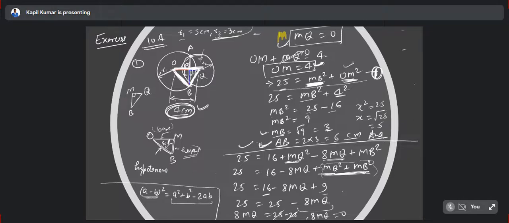Tomorrow will be polynomials, sir, or what? Tomorrow also circles, right, sir? Yeah, because in circles we still need at least two to three classes. I don't know how we can do the polynomials in the given time.